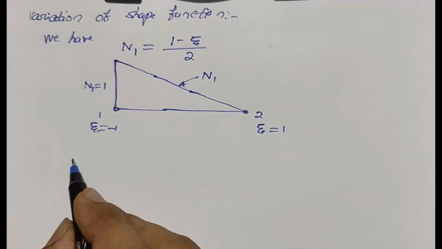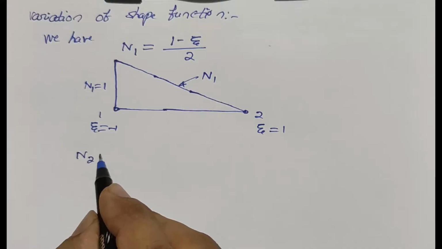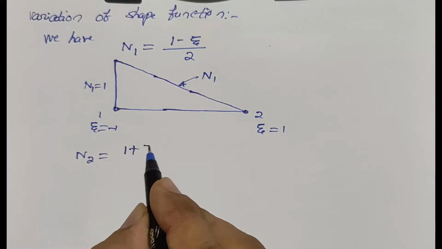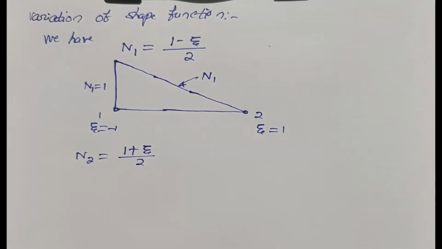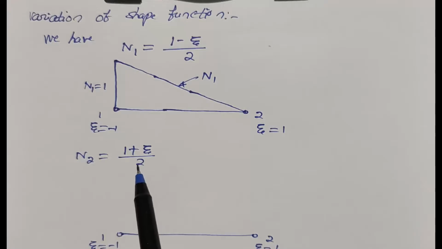Next, we have the shape function N2 is equal to 1 plus zeta by 2. Again, we'll consider the 1D bar element. Node number 1, 2. Here zeta is minus 1. Here zeta is 1. Now if we substitute zeta is equal to minus 1 in this equation, we will get N2 is 0.